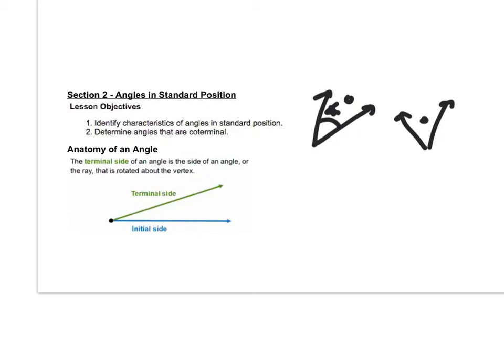the initial side. Now, in standard position, the initial side is horizontal, and that's how we will be talking about angles from here on out, knowing that we start with this initial side, and then we have a terminal side, which is not horizontal.